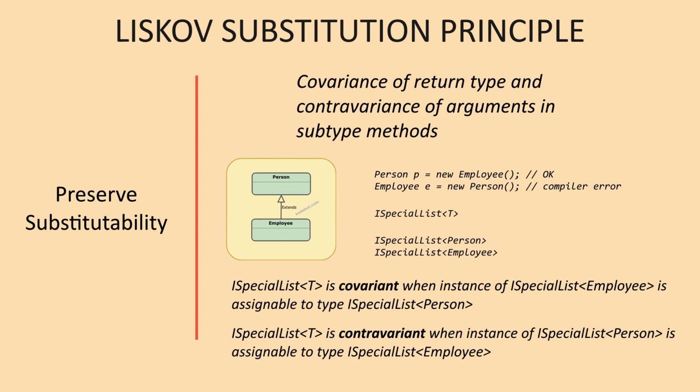So in order to avoid breaking substitutability, the method arguments must be contravariant and return types must be covariant in subtype. In C#, you can create covariant interface using out keyword and contravariant interface using in keyword.